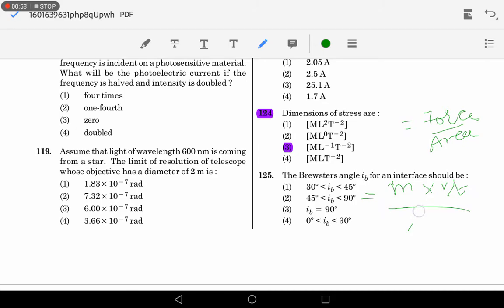Area has L into L, length into breadth. Breadth also has the dimension of L. So M into velocity, which is L by T, upon T, by L into L is the actual dimensional formula. Simplifying it, you will get ML^-1 T^-2.